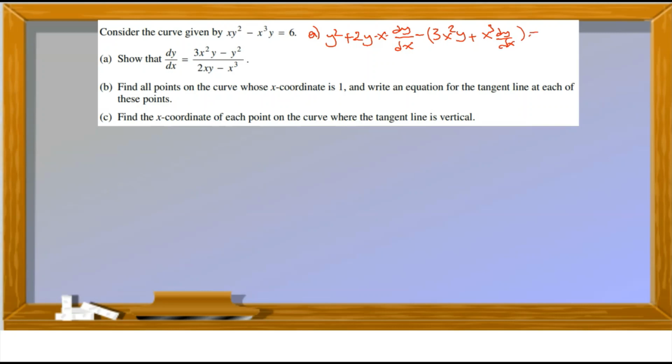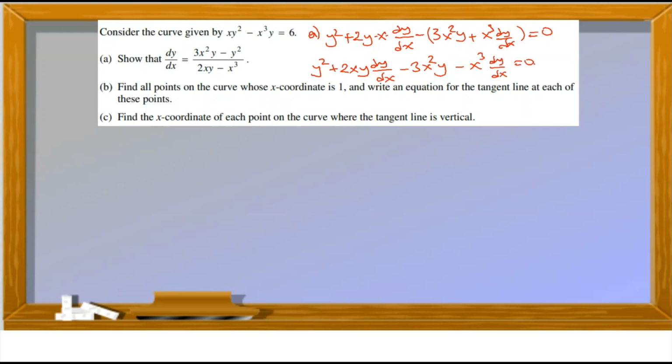Basically we're going to treat dy over dx like a variable, and at the end we are supposed to solve the entire equation for dy over dx. So y squared plus 2xy dy over dx minus 3x squared y minus x cubed dy over dx equals 0.